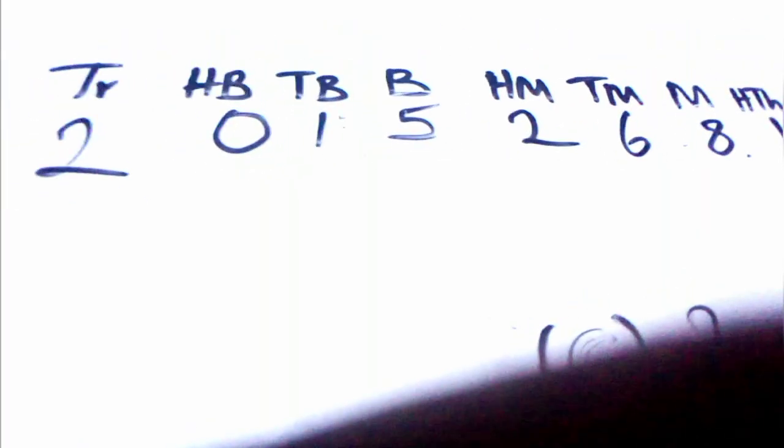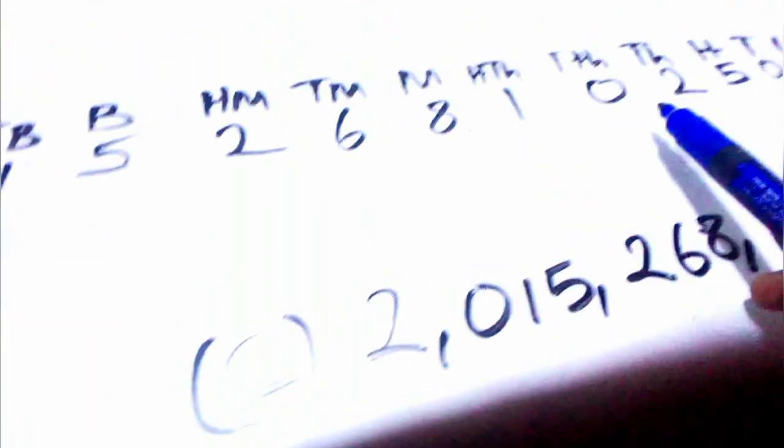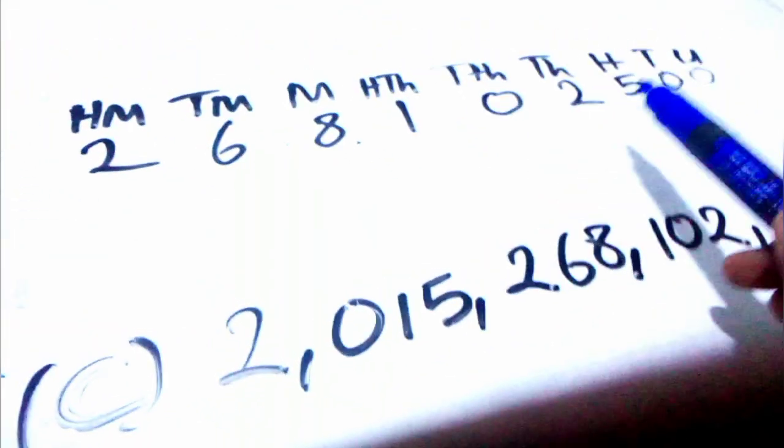Can you guess? So for us to read this number, you have 2 trillion 15 billion 268 million 102,500.